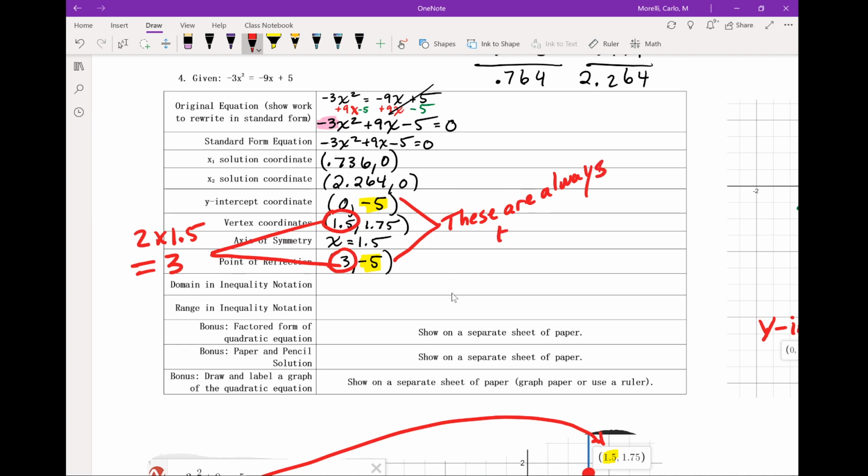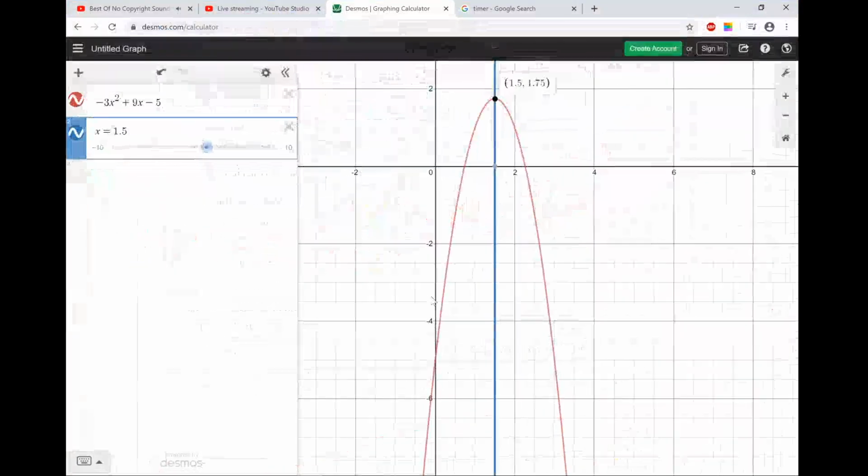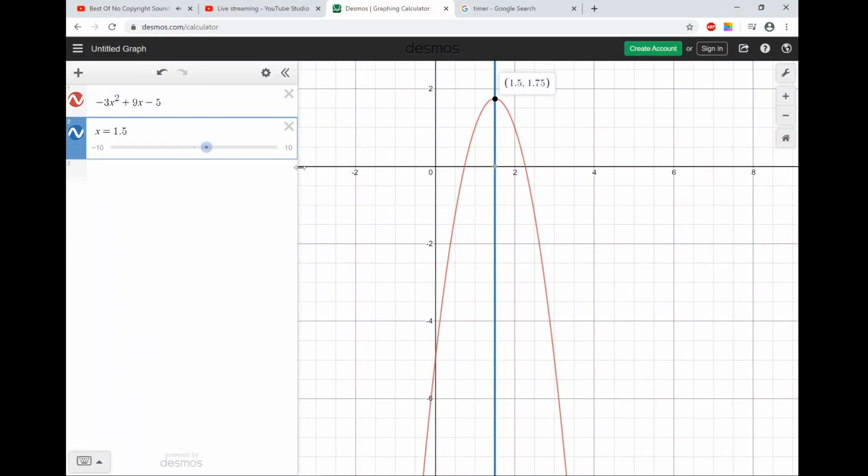Mr. Morales, can you explain why the point of reflection is 3, -5? Absolutely. I'm actually writing that right now. Across the y-intercept. You're going to see me write some stuff on the actual answer sheet, and then I'm going to flash over to Desmos and show it. 2 times 1.5 is 3. So it's 2 times the x coordinate of the vertex, comma, the y coordinate of the y-intercept.